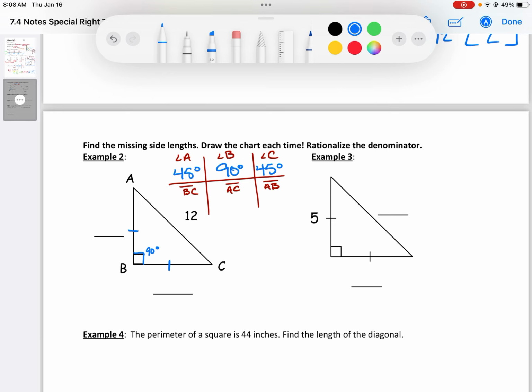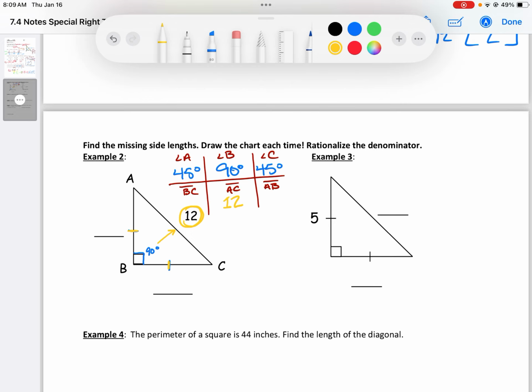Now, as soon as we know we have a right triangle, we know the Pythagorean theorem applies. In this case, they give us the hypotenuse, which is 12. So that side AC is 12, and that's helpful for finding the missing sides. We have two sides that we know are the same because of these marks.